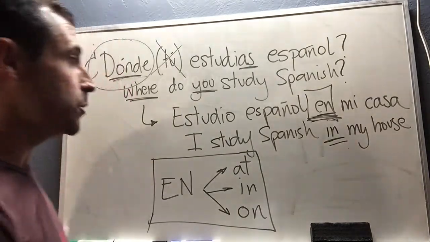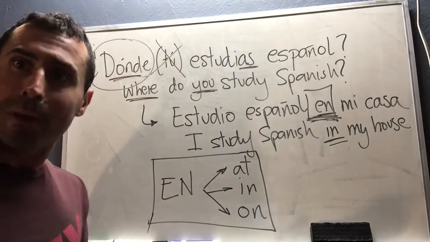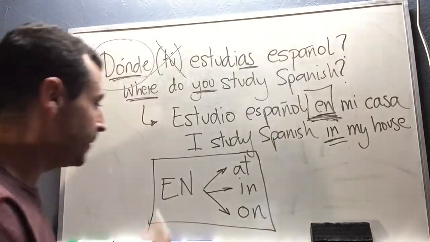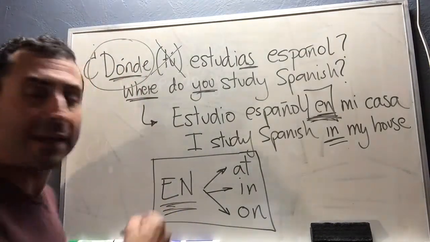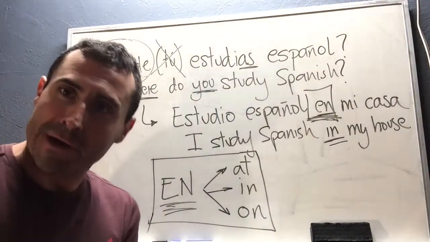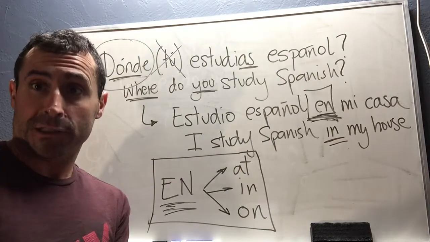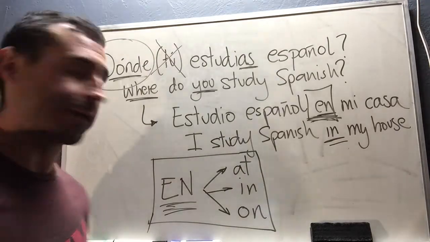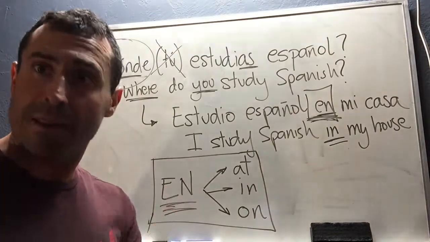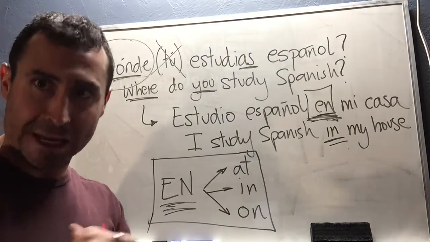What I do with my students is I tell them, because normally, and I know it's not always like this, but I want to make it easy on them, en normally in Spanish works for at, in, on. And I know there are exceptions. But right now it's too early. Now, en: at, in, on. And with that, it's enough.